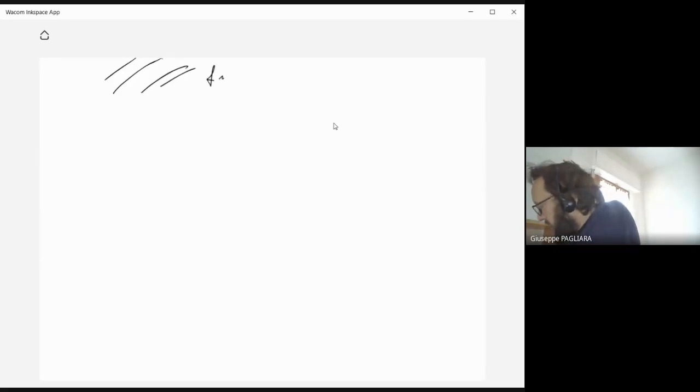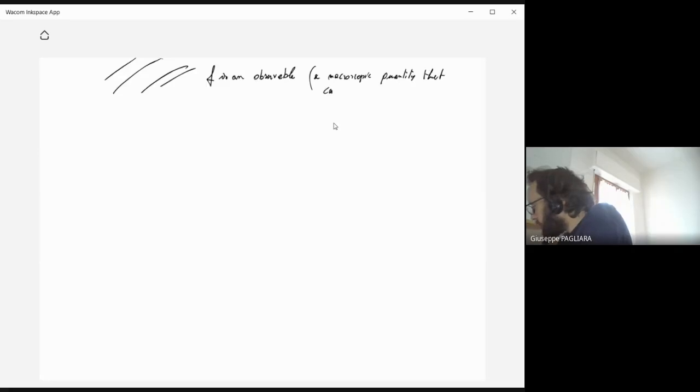Suppose that F is an observable, which means a macroscopic quantity that can be measured.